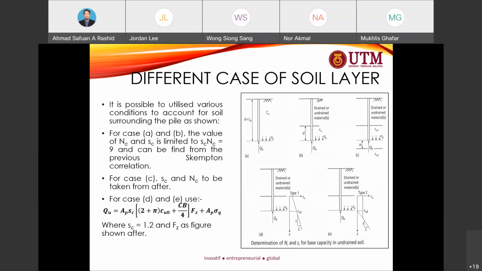This is additional information on the cases of soil layer. But for the example, we may look at a single layer of soil only. This is on a multi-layer type of soil.